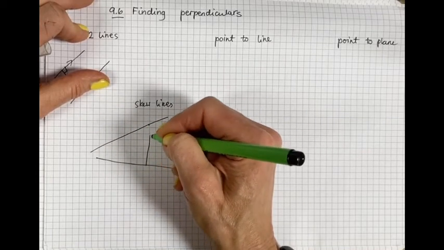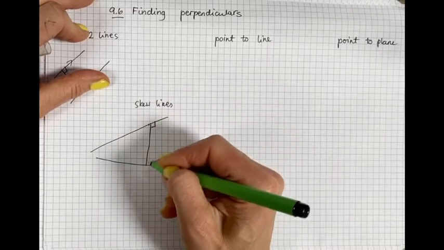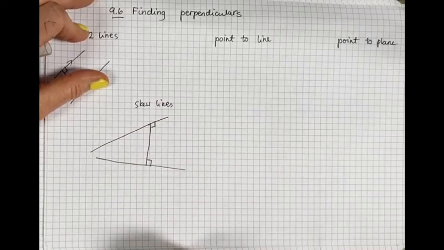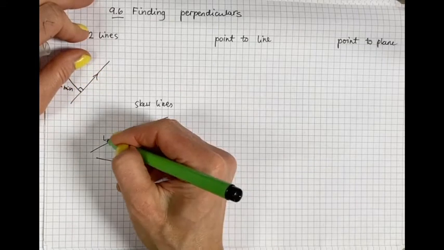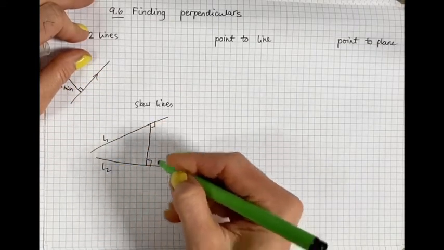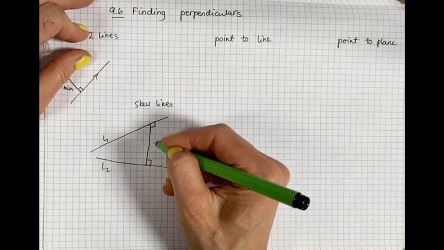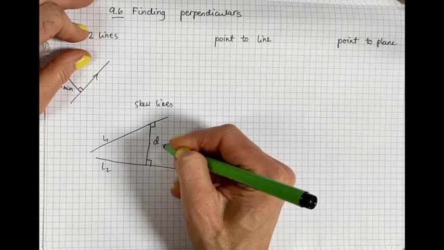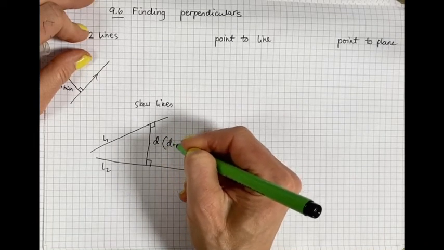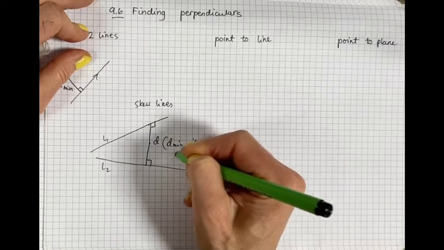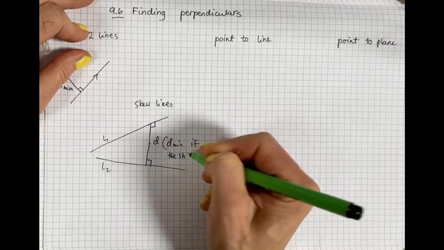Now, it's hard to draw it in 2D, but you need to imagine that these two angles are right angles, so they're not parallel and they don't intersect. Okay, so this is going to be D, possibly D min if the shortest distance is considered.